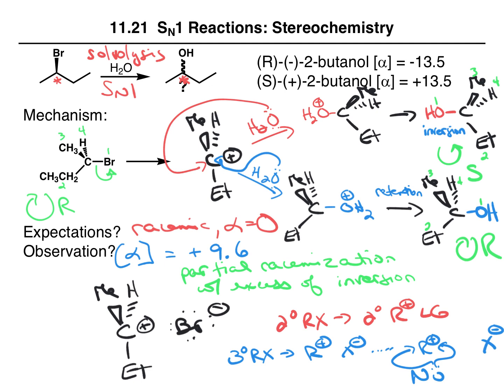Now keep in mind, I'm giving you this information as a way to explain what is experimentally observed, and I'm going to ask you to predict the stereochemical consequences of an SN2 reaction versus an SN1 reaction. But also keep in mind that this information also gives us support for the proposed mechanism, and it gives us information about relative stability of secondary versus tertiary carbocations.